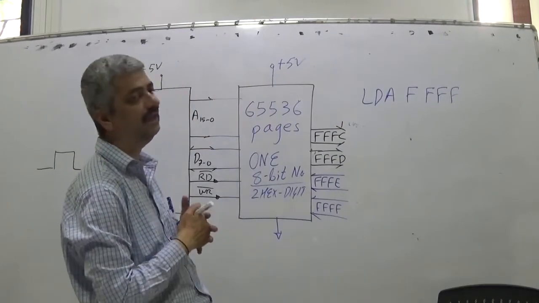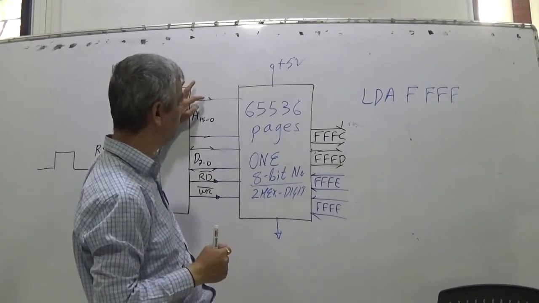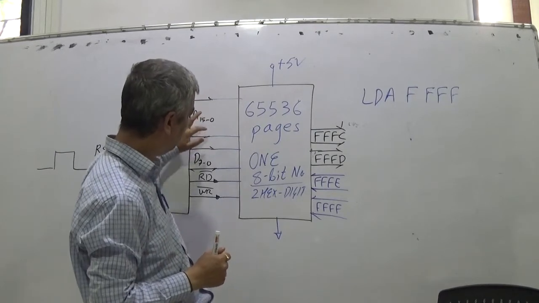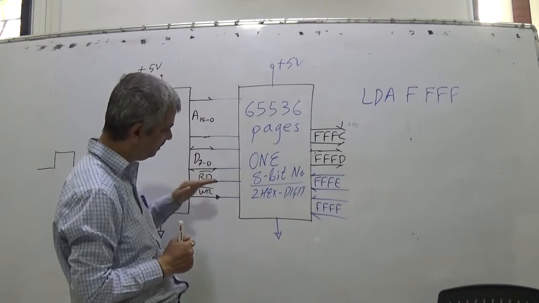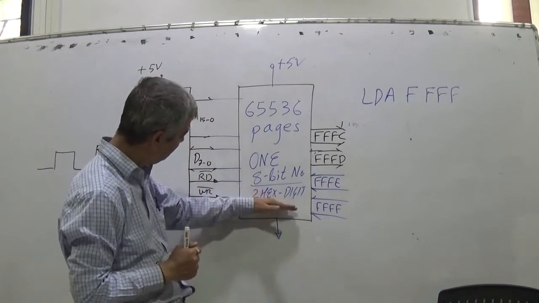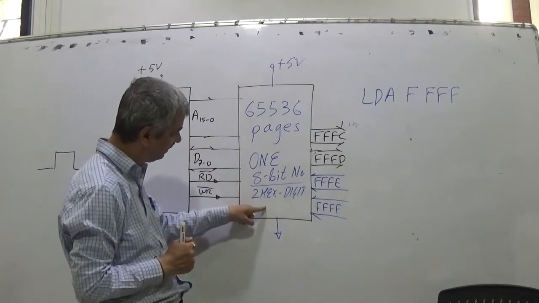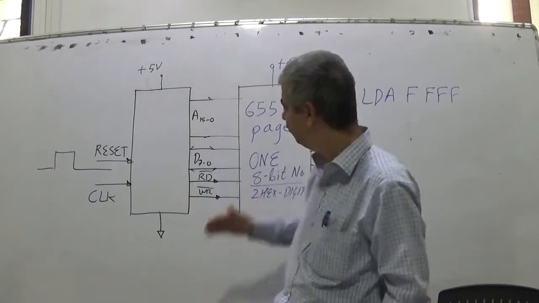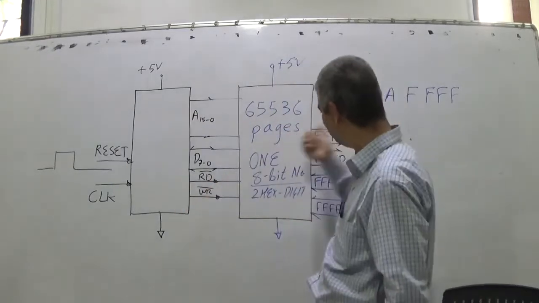The microprocessor will generate the address FFFF, will generate the read signal, and whatever is stored there inside this memory will appear on the data lines. When the address is FFFF, except for these 4 locations, all locations are inside and the lines are not coming out.